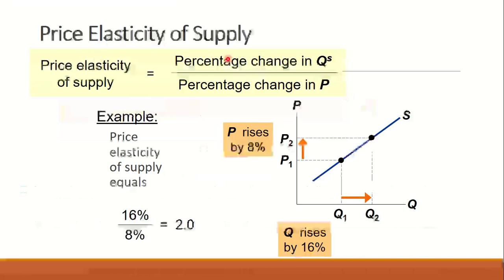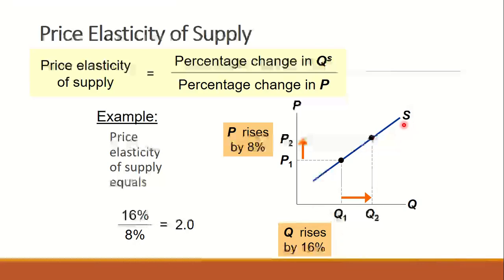Now, for price elasticity of supply, there is an example here. Here price rises by 8%, which means that price goes from P1 to P2, and as a result of the increase in price, quantity rises by 16%. That is, from Q1 to Q2, the rise is 16%. So here is a positively sloped supply curve, this one.